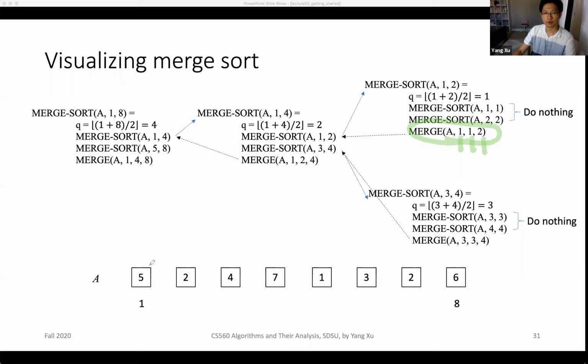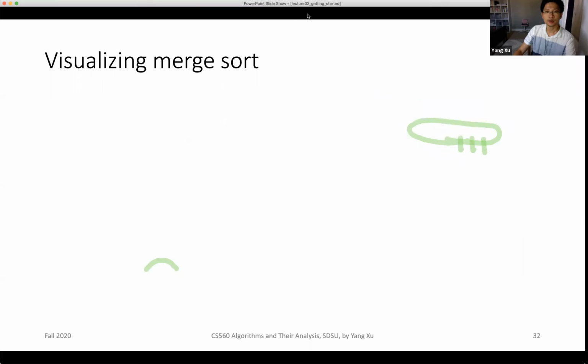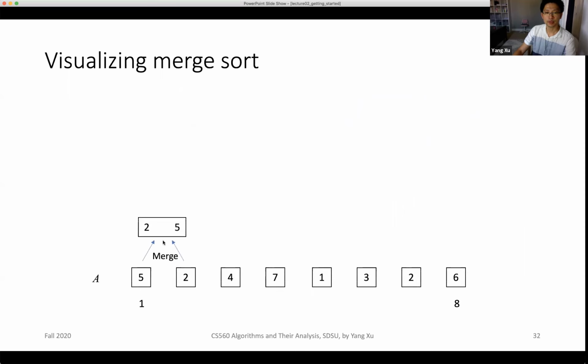So we are merging these two subarrays, okay? So the first one happens here between 5 and 2, because the merge will take the smaller one and put it at the head, and then take what's left in the arrays. So the result of merging 5 and 2 will be the sorted order of 2 and 5.